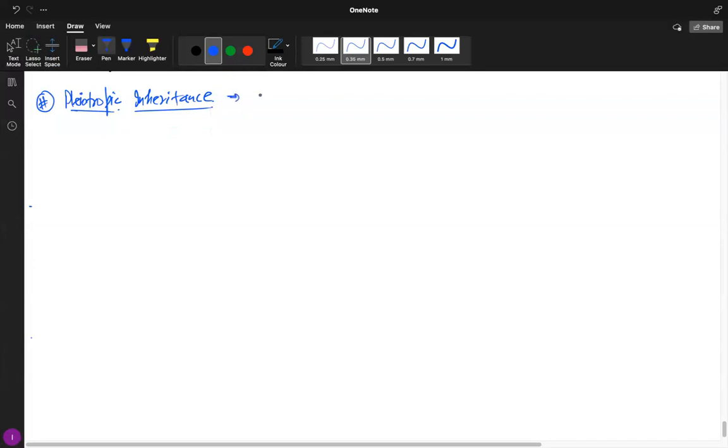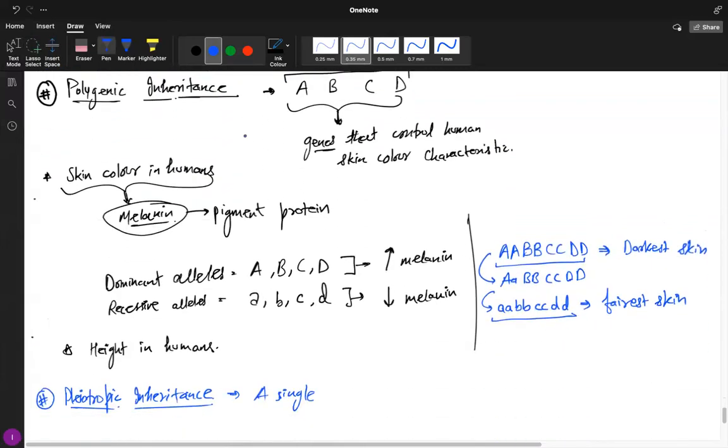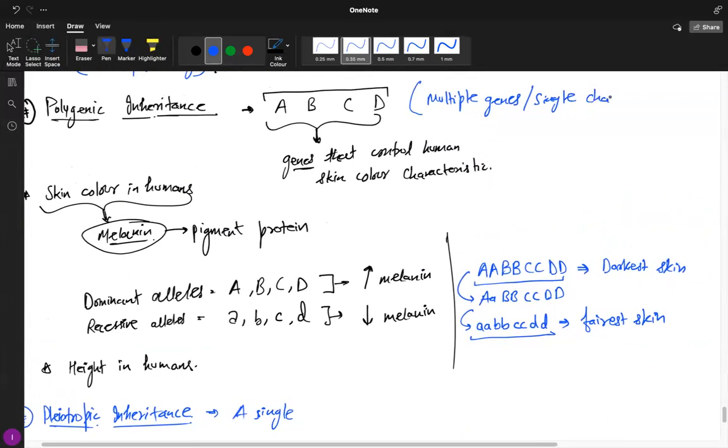So in this, it is just opposite to what we saw above. So polygenic inheritance is, in 2 words, multiple genes but single character. Correct?